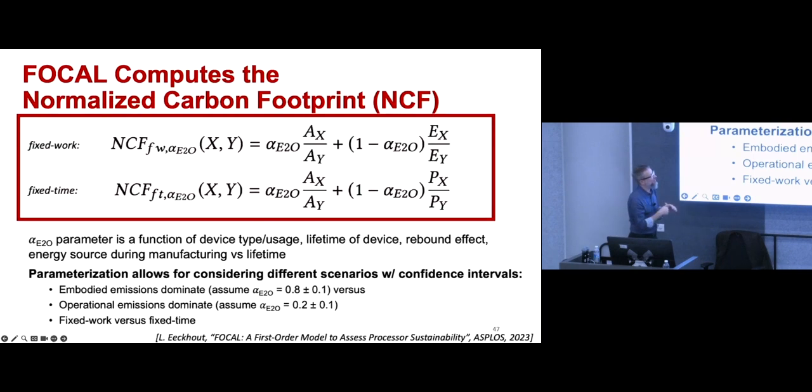It makes a relative weight of the proxy for embodied footprint, so it's weighing the relative chip area of design X versus design Y, and also relatively weighing the proxies for the operational footprint, energy or power. And then the alpha parameter is really a function of the device type that is being used, the lifetime of the device, the rebound effect, and so forth.